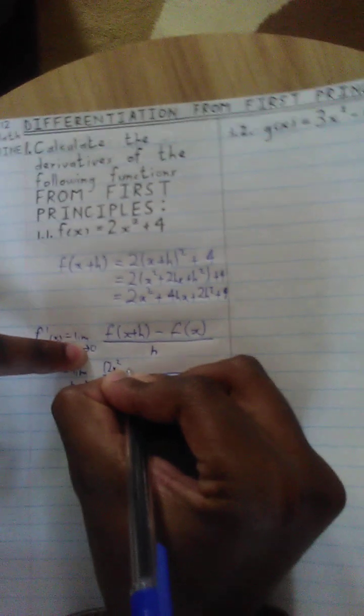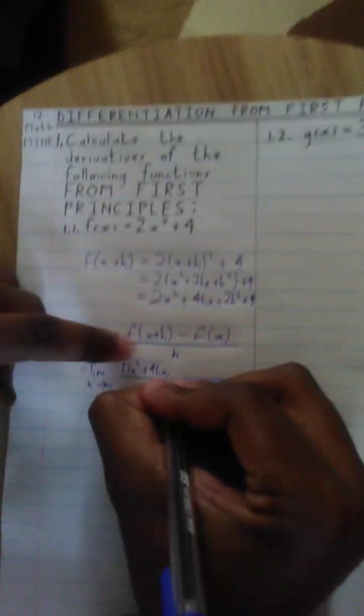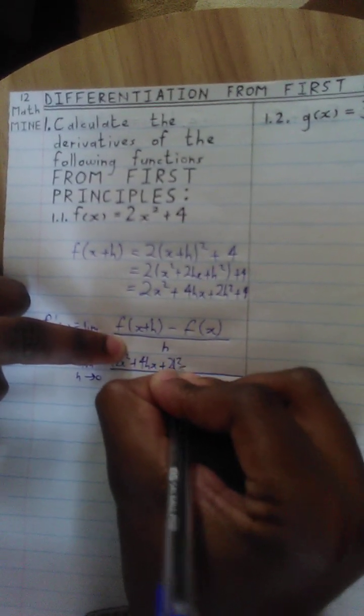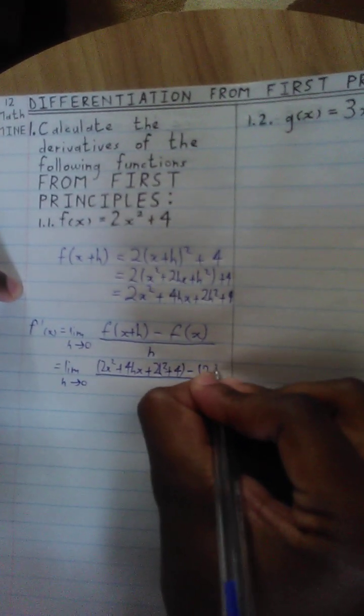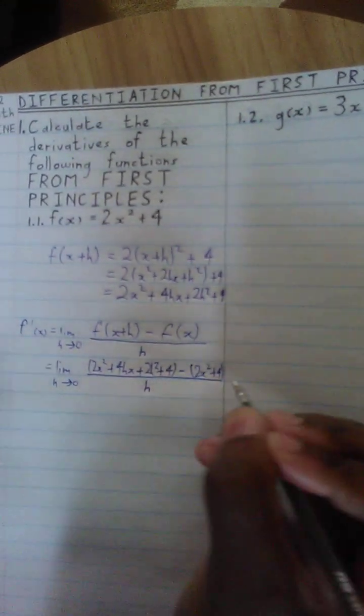We have 2x squared plus 4hx plus 2h squared plus 4 minus f of x, which is 2x squared plus 4, all over h.